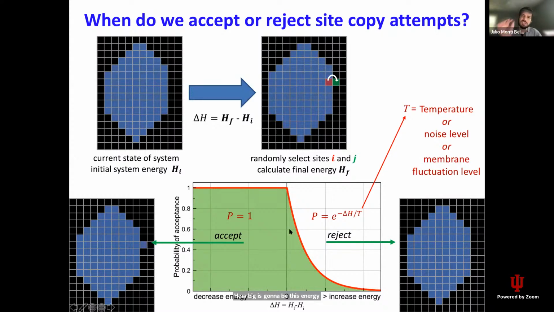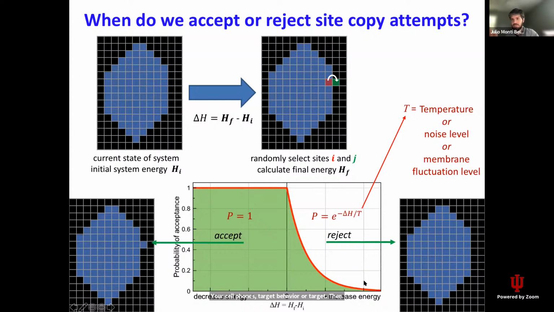So if you just slightly increase the energy, you're more likely to accept this, because your probability of accepting this site copy is very close to 1, or close to 100%. So let's say you accept 90% of the times, but you reject 10% of them. But if you're driving the cell very far away from its target behavior or target property, then you're more likely to reject that copy attempt.